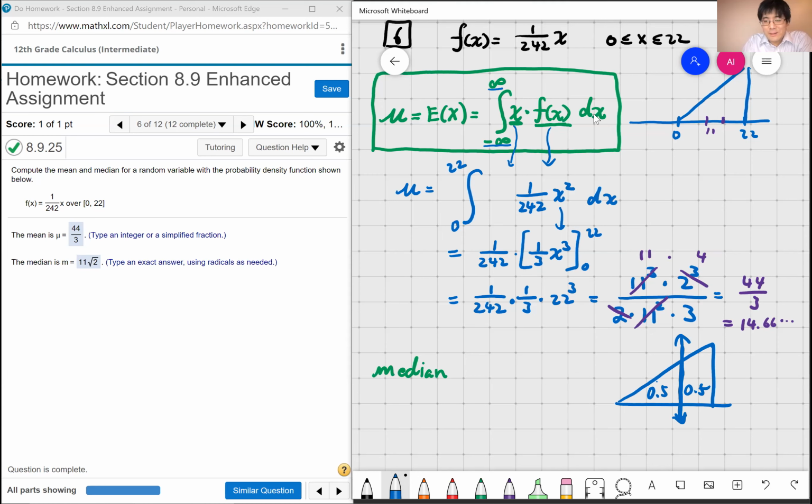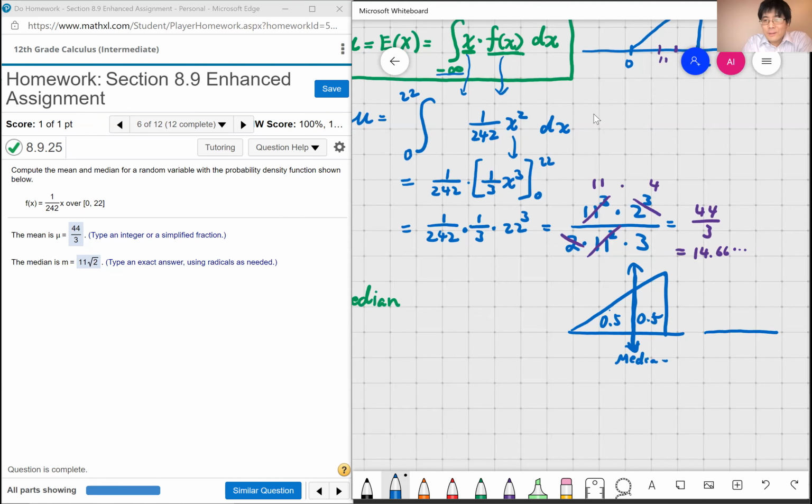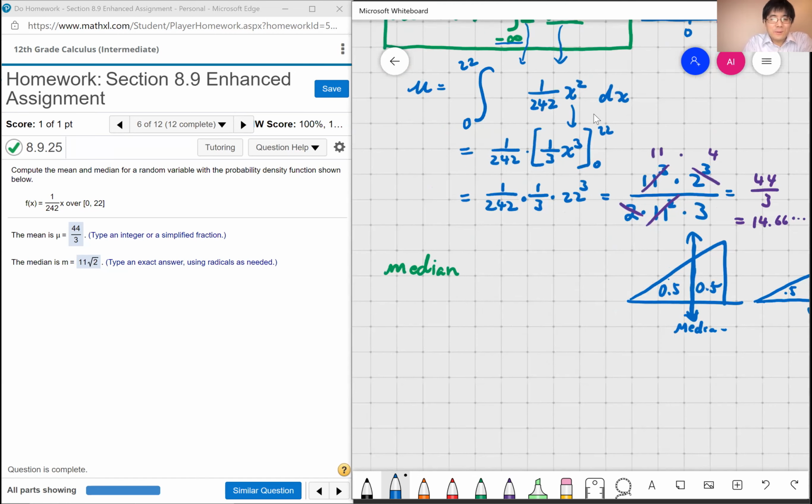That's the median. In this case, since this is a right triangle, we can use some property of similar triangles to find the right place to cut this into 50-50. But it doesn't work when we are working with non-linear functions. So I'm going to show how to do this in general.